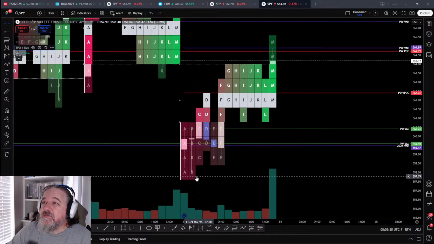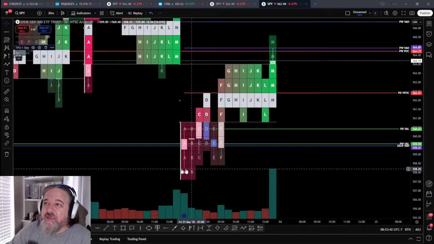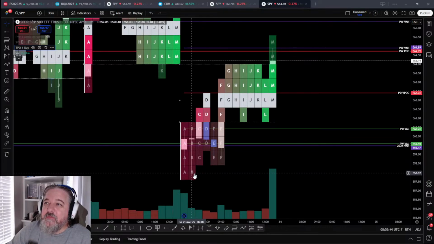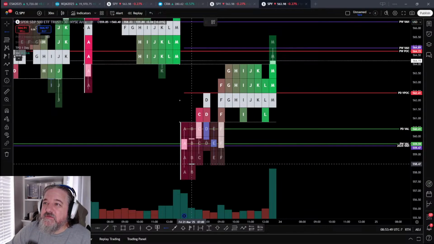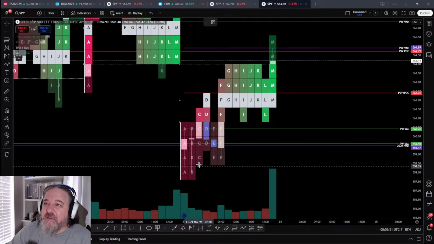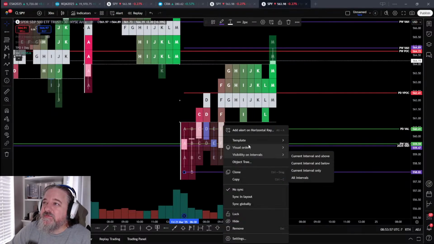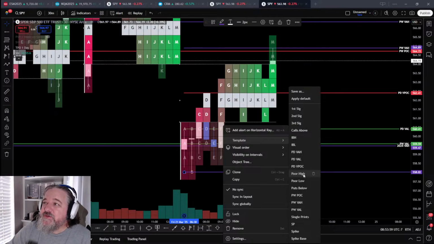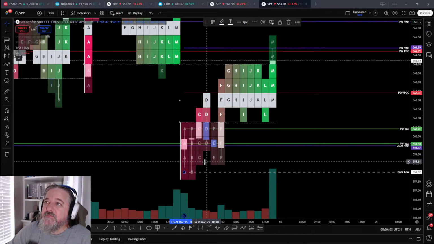So right here we have the A and the B period that came basically in the same range. And so this here, since we have two candles in this block area, this would be considered a poor low. And that basically just means that we have two or more candles that came down into this level.